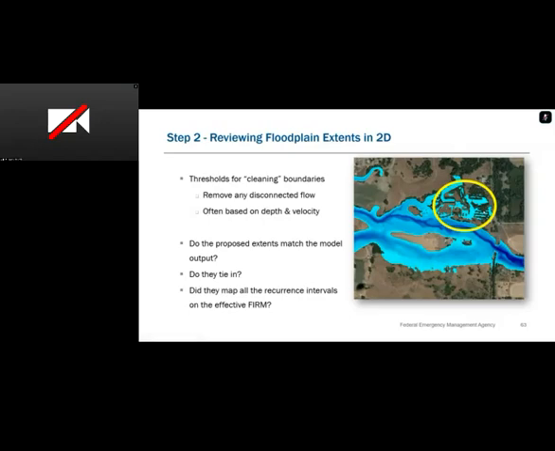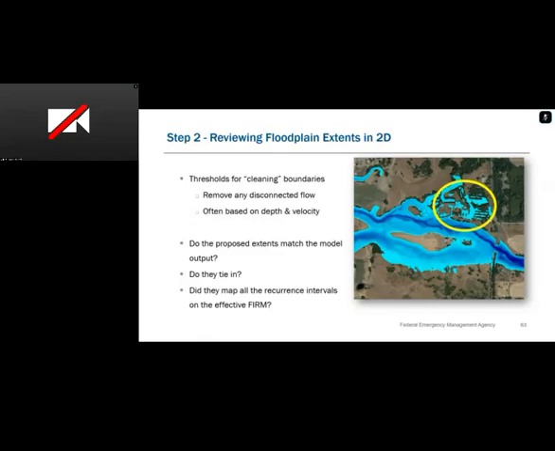We want to make sure that they're not proposing the final floodplain delineations include any disconnected flow. We also want to make sure that they're not including areas of very minimal depth. A common way that they will clean this up and check this is to look at depth times velocity. When we review their depth times velocity, we can see not only where flow is sitting, but where it's actively moving. Those two components give us a really great idea of where their main floodplain is.